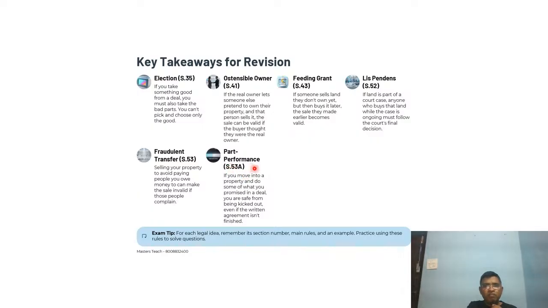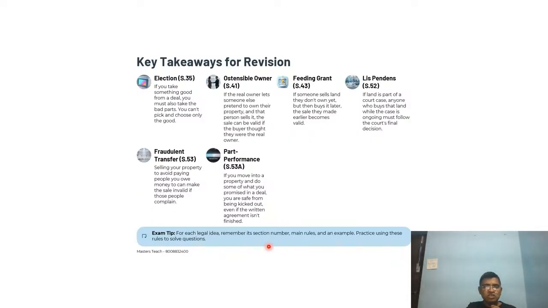Part performance, Section 53A: if you move into a property and do some of what you promised in a deal, you are safe from being kicked out, even if the written agreement is not finished.